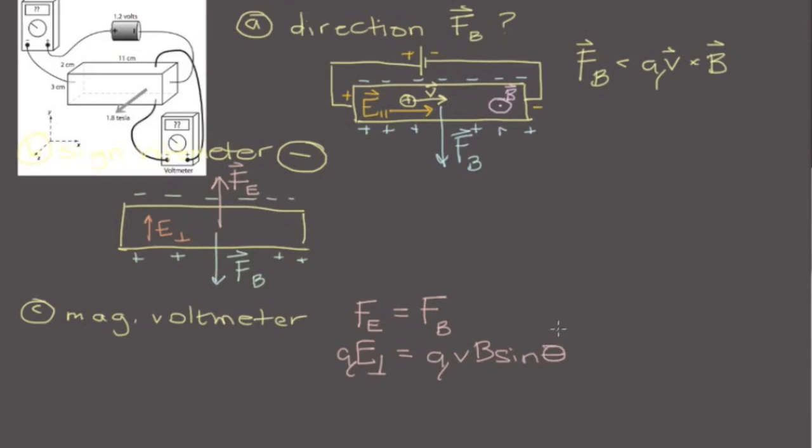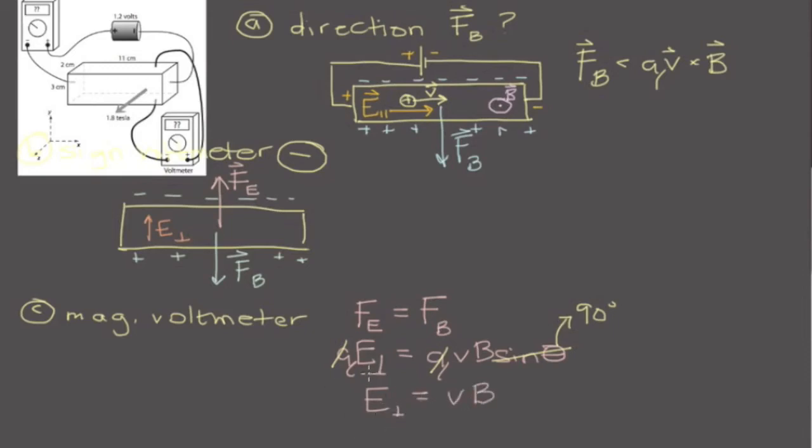Theta is the angle between the two vectors in that cross product, in this case the angle between V and B. V is to the right, as we saw in our previous picture, and B is out of the screen at us. That means there's 90 degrees between them. Sine of 90 is 1, so that drops out. We have Q's in both of these, so those drop out too. And we're simply left with E transverse equals V times B.